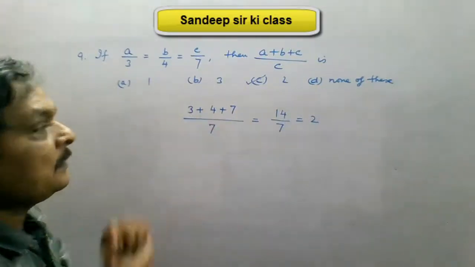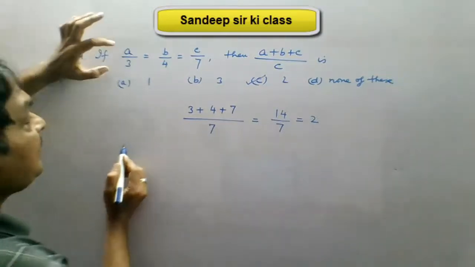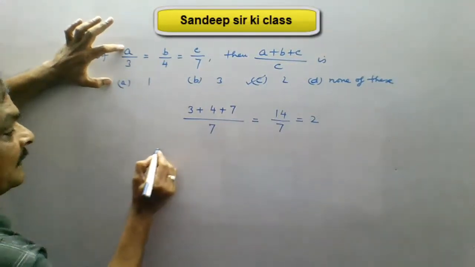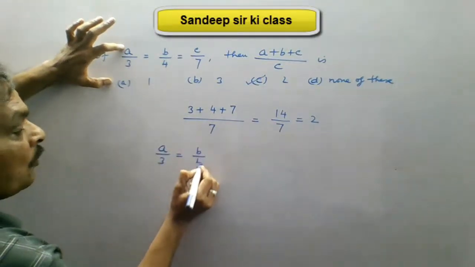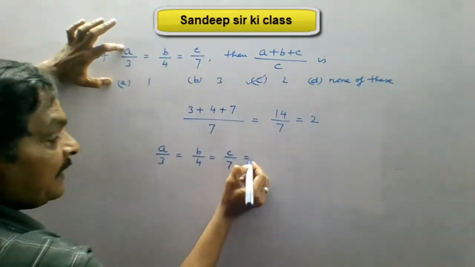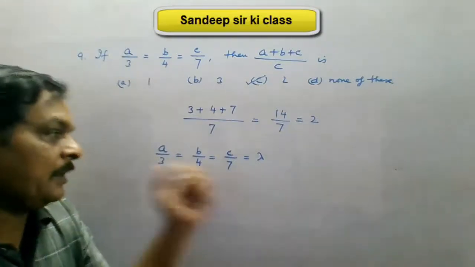Answer is 2. Now we will understand the theory behind it. See, if I take this ratio as lambda, then A upon 3 equal to B upon 4 equal to C upon 7, each ratio I am taking as lambda.